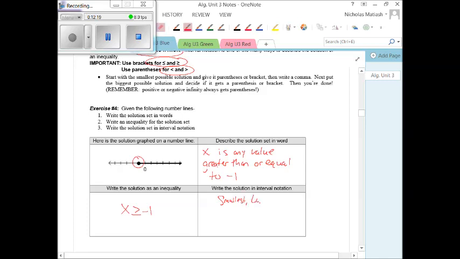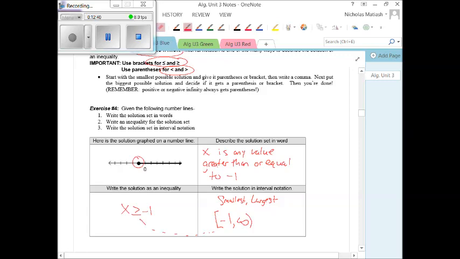So to make this a little more clear, you're just going to fill in once with a verbal solution. You're going to write it as an inequality. So looking at the number line, that's on -1. Since the circle is filled in, that means it's a greater than or equal to, and since it's going off to the right, that's a greater than symbol being used.